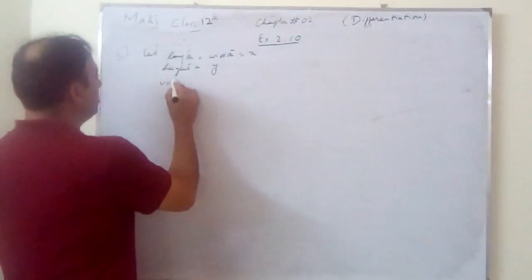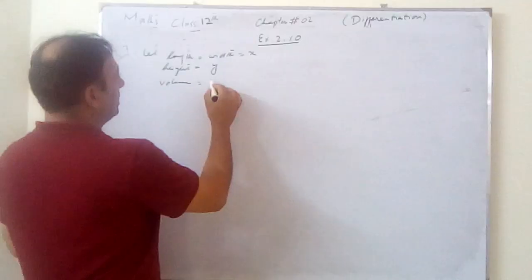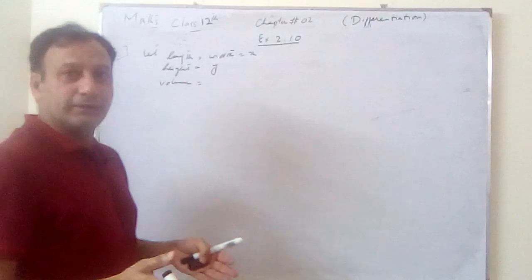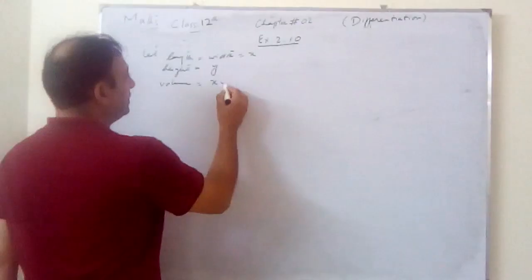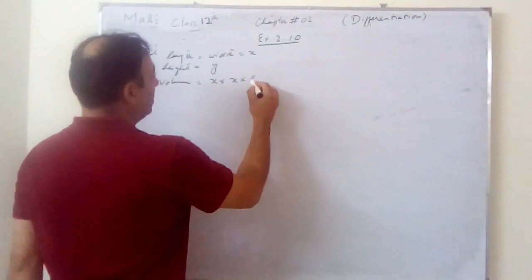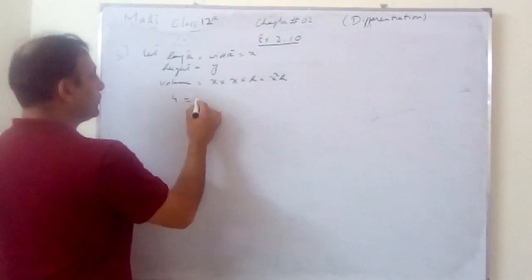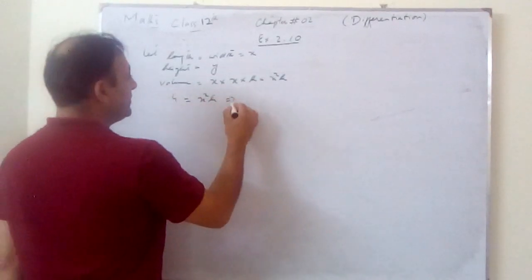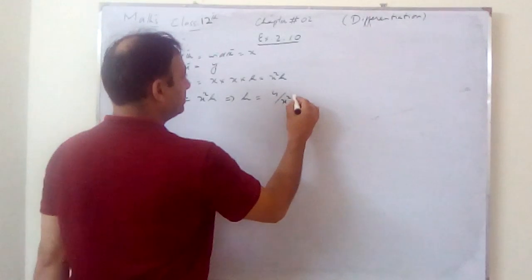So volume is equal to, what is the formula of volume? Height into width into length, x square h, and this 4 is equal to x square h. It means h is equal to 4 divided by x square.